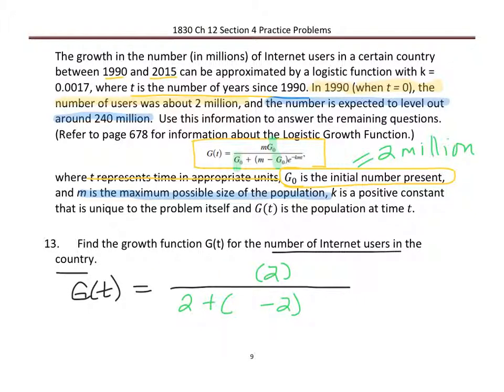So that means M is then equal to 240 million. And it shows up here and here, and also in the exponent.